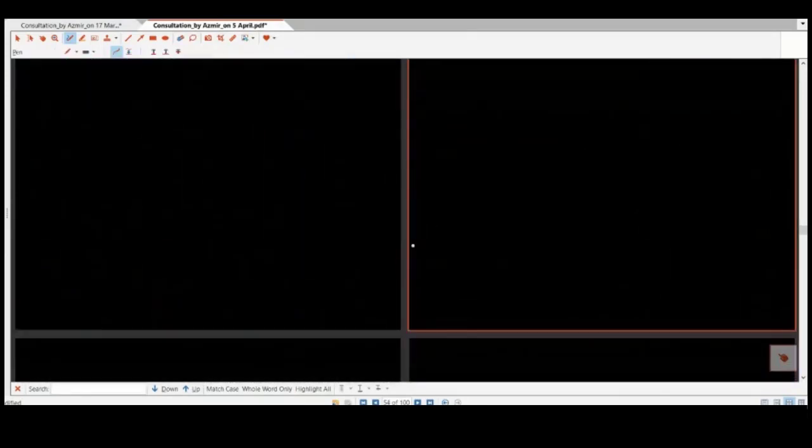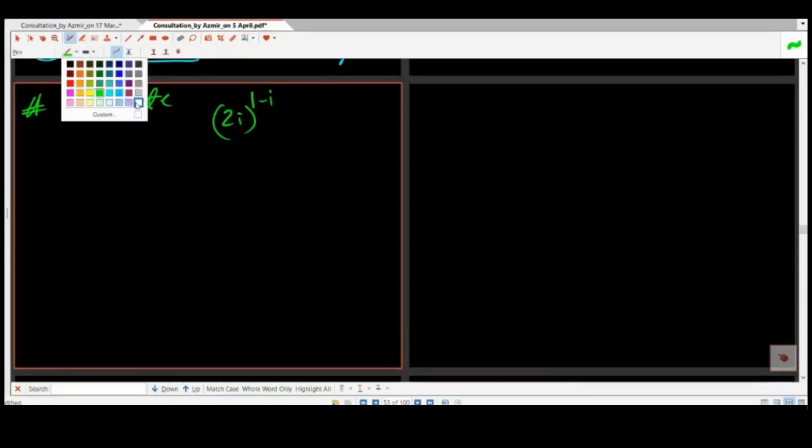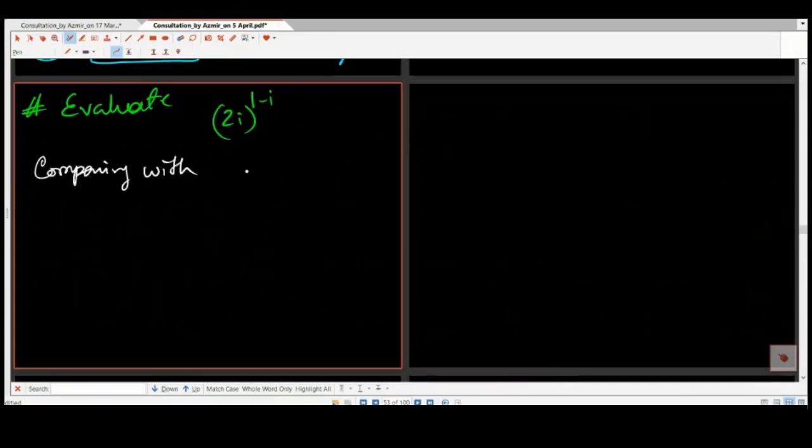So let's solve one problem from complex exponent. Let's evaluate 2i power 1 minus i. We can compare with z power alpha. So this is z, this is alpha.